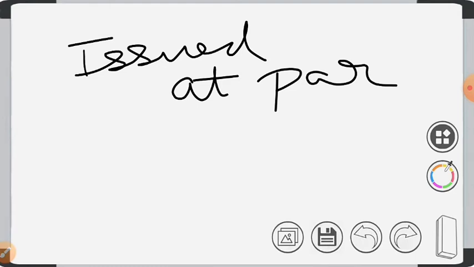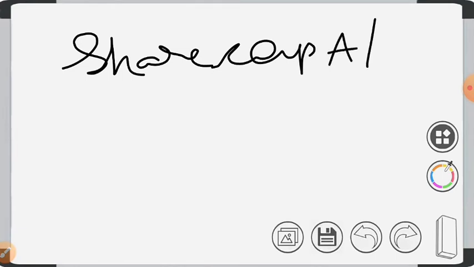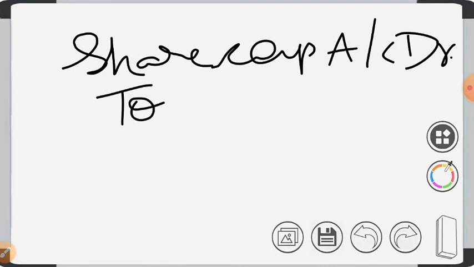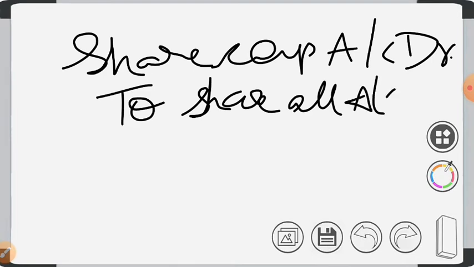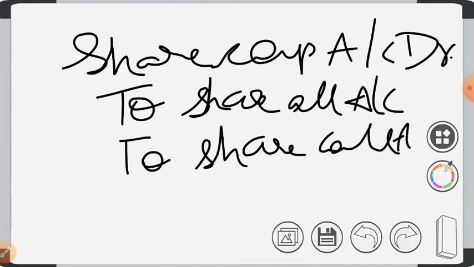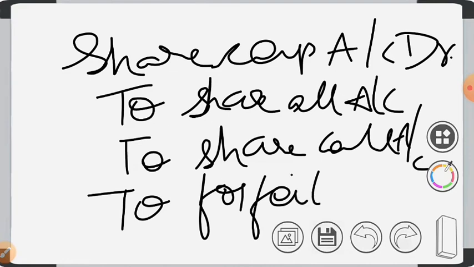In the case of shares issued at par, the share capital account would be debited, whereas the amount due accounts such as share allotment account and share call account will be credited, and forfeited shares account would be credited.